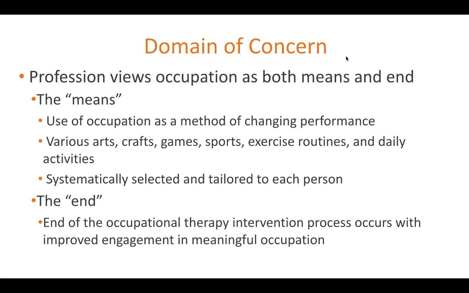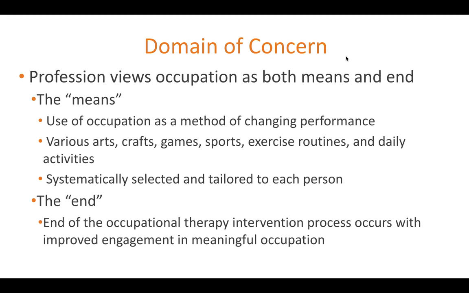So we talked a little bit about the means and the ends. This profession of occupational therapy really views occupation as both a means and an end. We talked about the differences a few minutes ago, but when we talk about the means, this is the use of occupation as a method of changing a person's performance.